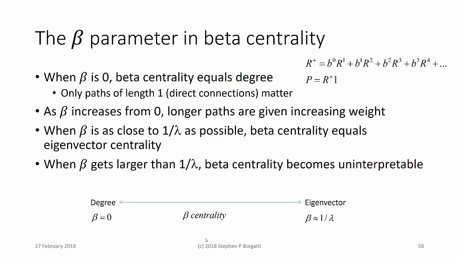Okay, so suppose this is our original matrix, R, and from it we eventually construct this R plus thing, which gives the total number of walks from i to j of all lengths weighted inversely by length. This is the R plus, n squared, right? Yes, it's always the same.